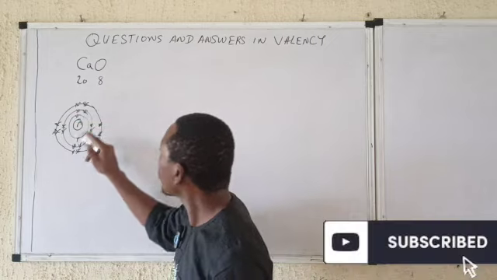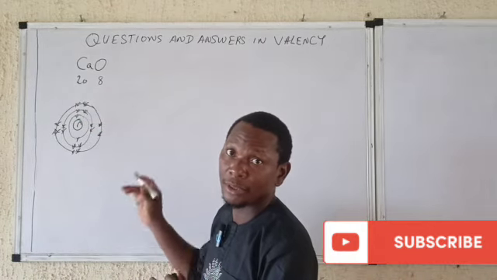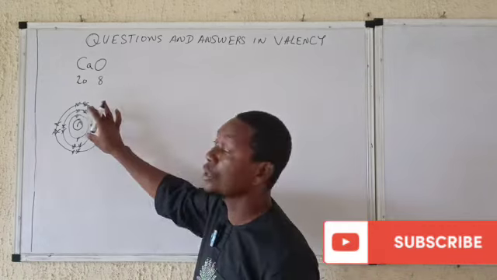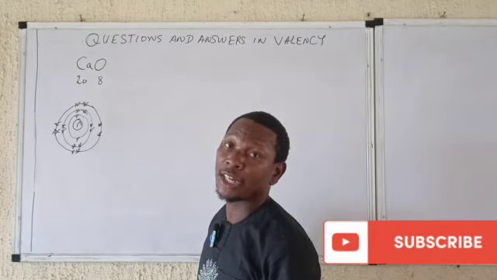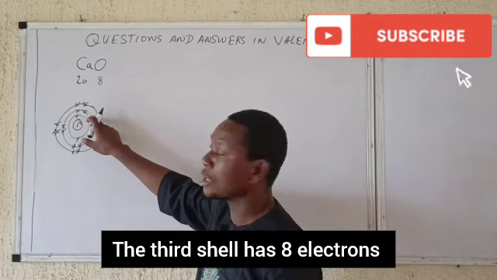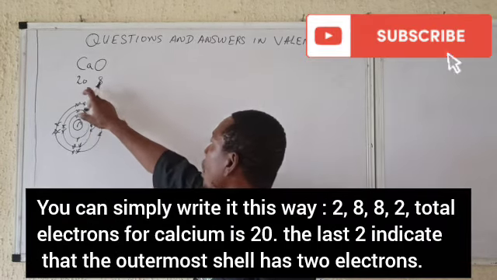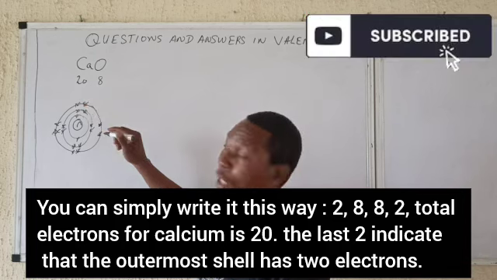Now, why is the first one taking 2? That's the maximum number of electrons that can actually enter the first shell. For the second shell, the maximum number of electrons that can enter to be satisfied is actually 8. So 2 plus 8 is 10, plus 8 again is 18, and we have 20 here, so there are 2 electrons remaining.